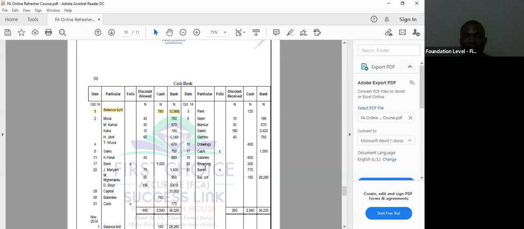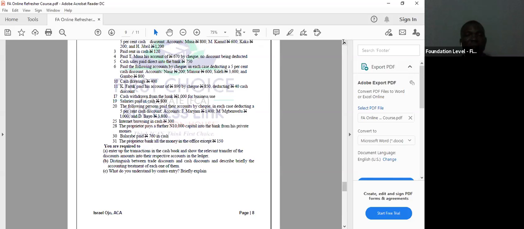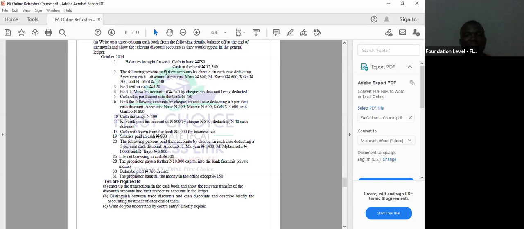There's no addition, because, like I said, the cash account and cash in bank are both current asset elements. Now, going forward, let's look at the next transaction. The following persons pay their account by check in each case, deducting 5% cash discount.